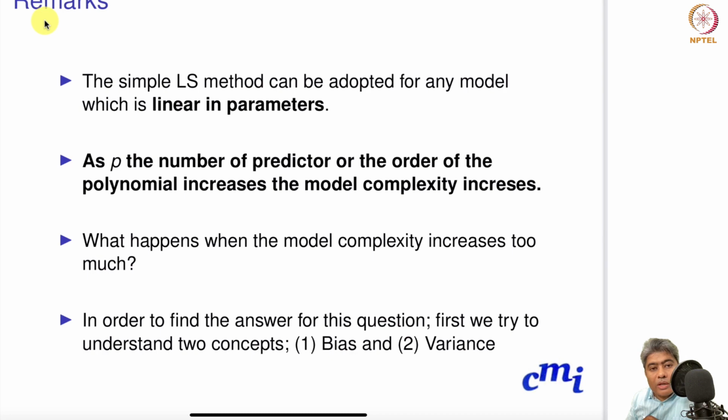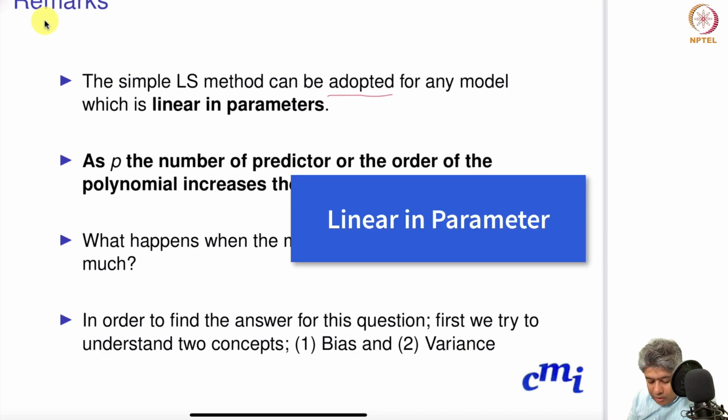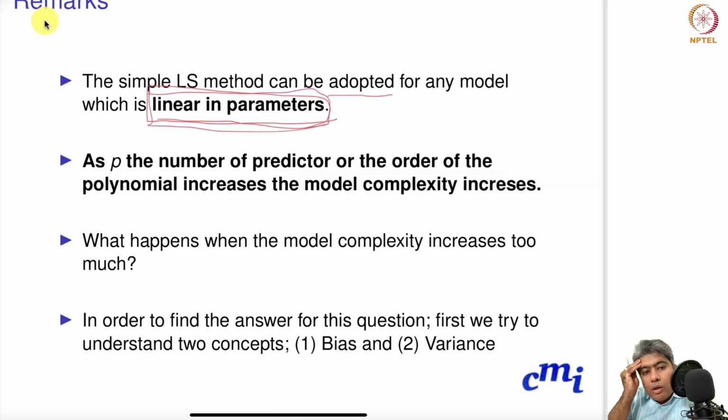So, some remarks. The simple least squares method can be adopted for any model which is linear in parameter. This is very important. The model has to be linear in parameter. As P, the number of features, the number of predictors, or the order of the polynomial increases, model complexity increases.